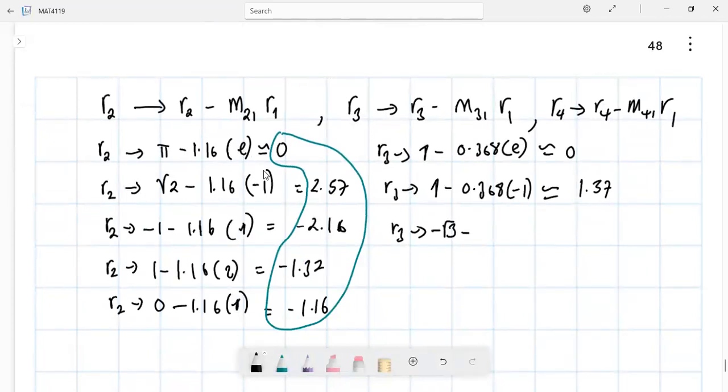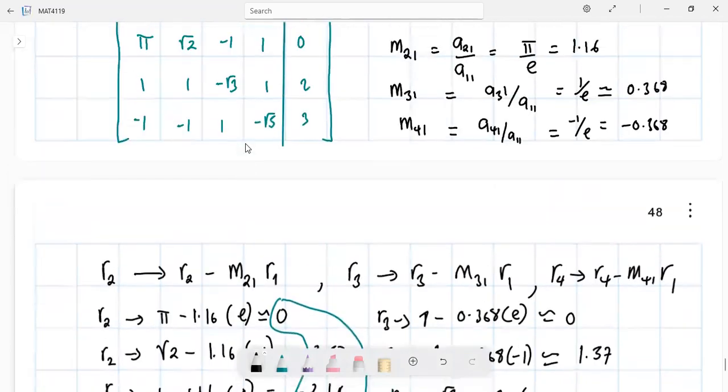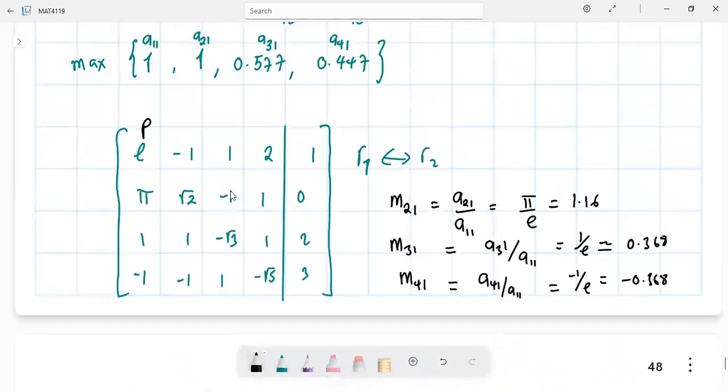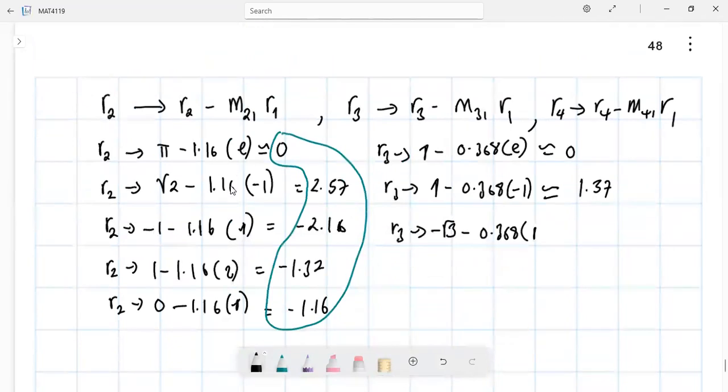Negative root 3 minus 0.368 times the element in the first row, which is 1. And this is approximately equal to negative 2.10. And then row 4.